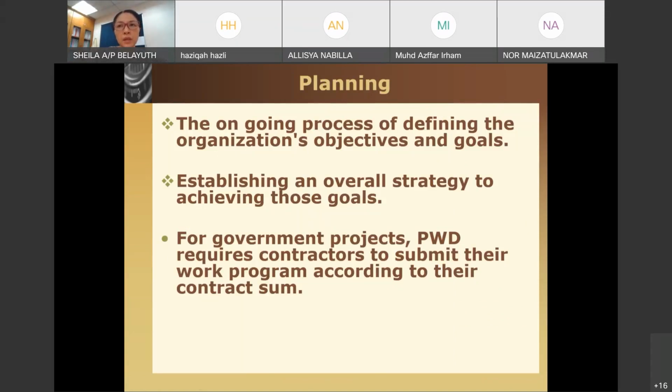For a contractor, your baseline would be derived based on the activities that you require. From your drawing, from your specification, from the contract duration that has been given to you, you need to come up with a schedule yang lengkap. So you have a baseline, but you need to monitor.